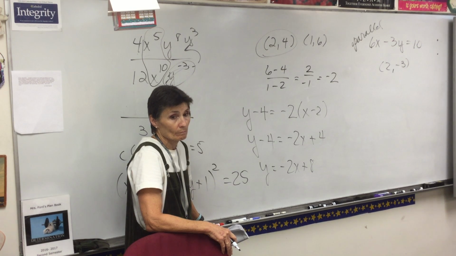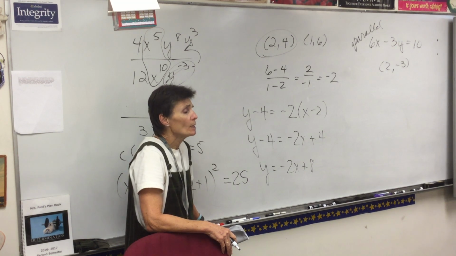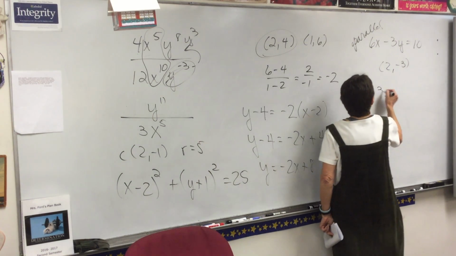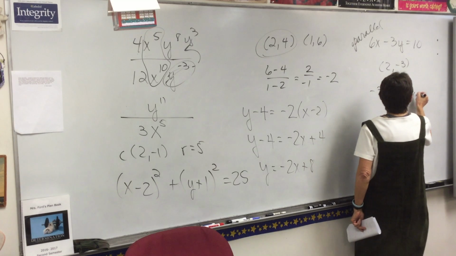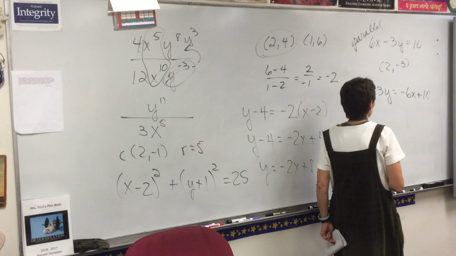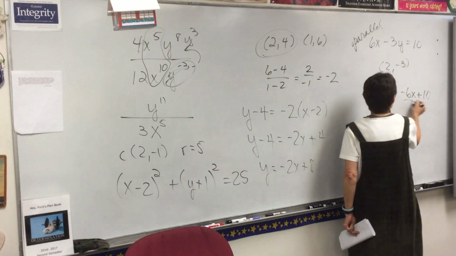No, all you do is don't you get the y to the other side? Don't you get y alone? Yeah, y alone. Because if we get y alone, that's going to tell us what slope to use, right?